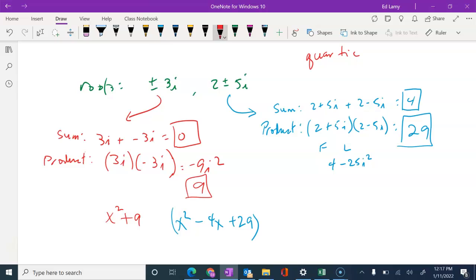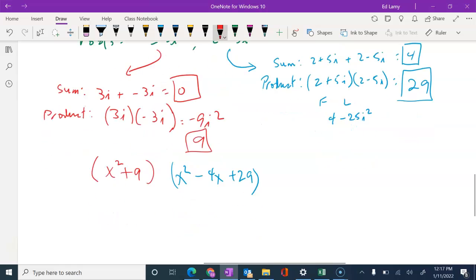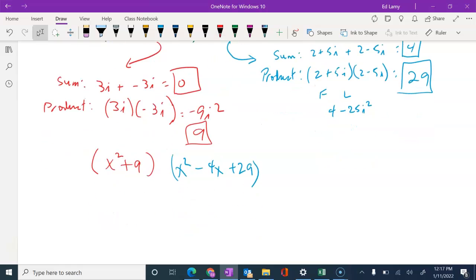We still had the first one. And the last thing we'll do is multiply those two quadratics to get our quartic. Just like I do, I'll take a colored pencil and distribute the x squared 3 times. It's going to be x to the 4th minus 4x cubed plus 29x squared. Then I'm going to distribute this 9, 1, 2, 3 times.